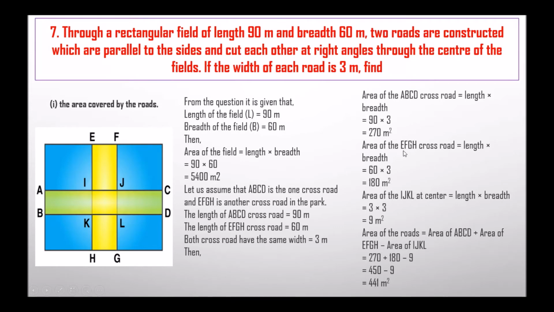Area of EFGH crossroad, that is 60 into 3, that is 180 meters square. Area of IJKL at center equals 3 into 3, that is 9 meters square. So area of road equals area of ABCD plus area of EFGH minus area of IJKL, that is 270 plus 180 minus 9. So 450 minus 9, that is 441 meter square.